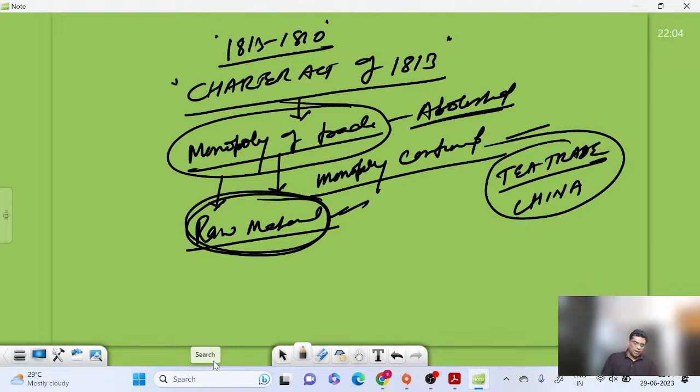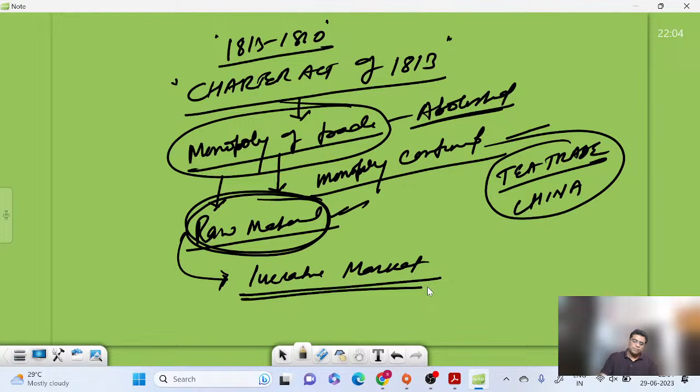At the same time, they found India to be a very lucrative market.